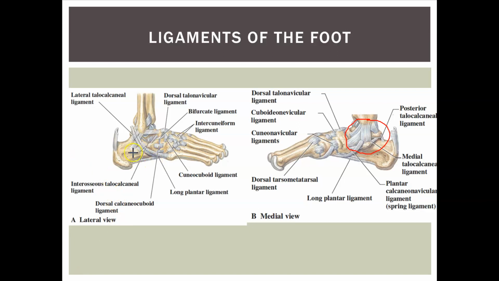On the lateral aspect of the foot, you have your anterior talofibular ligament, the calcaneofibular ligament, and then the posterior talofibular ligament. Collectively, those are the ones that are usually sprained when you have a lateral ankle sprain.